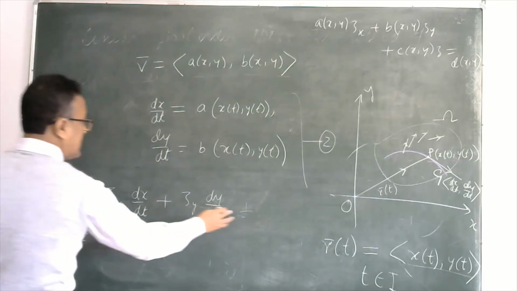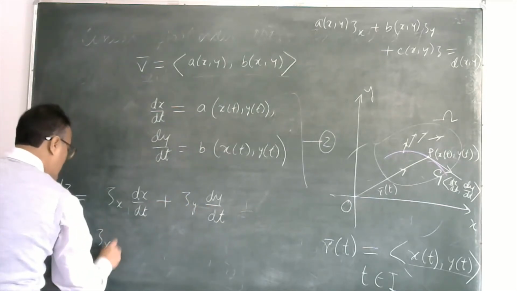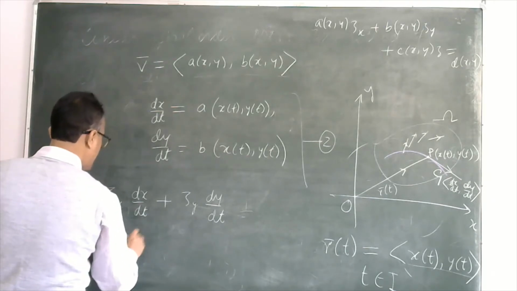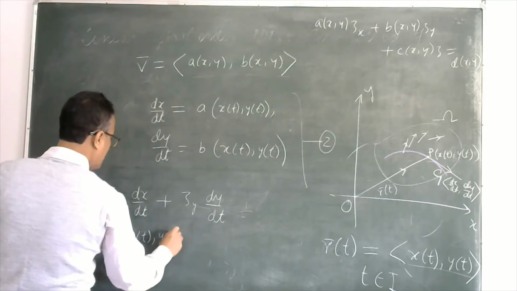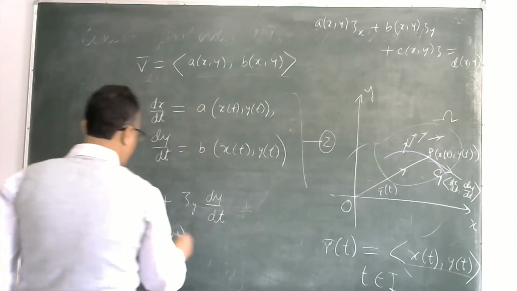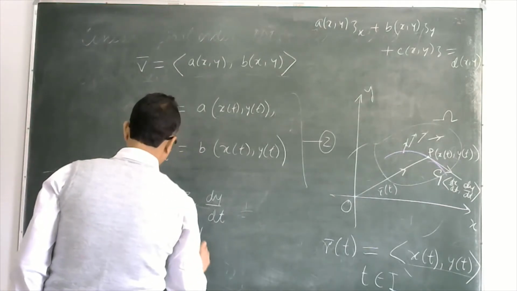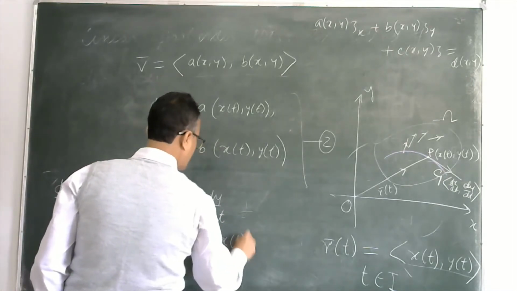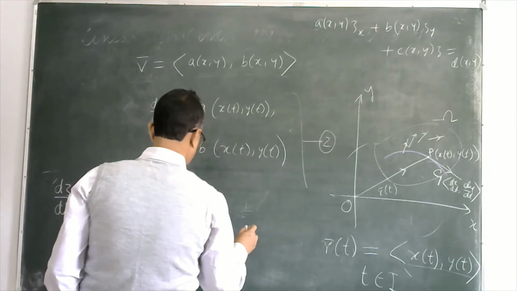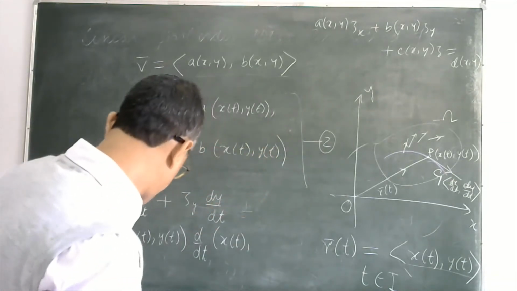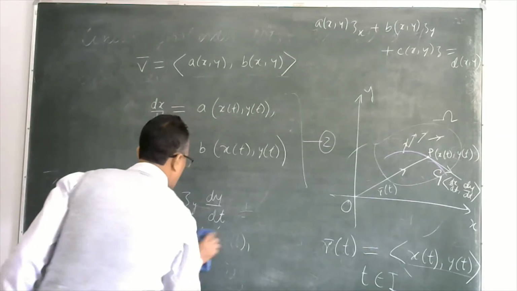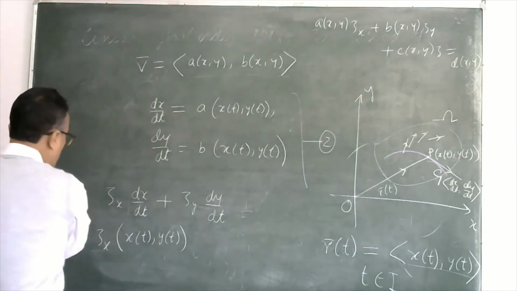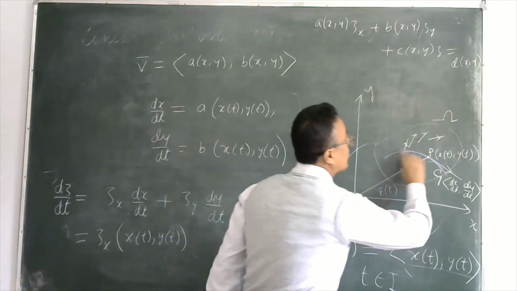So basically, this is what z of x(t), y(t) is, as a function of two variables. This derivative I am considering along this curve.